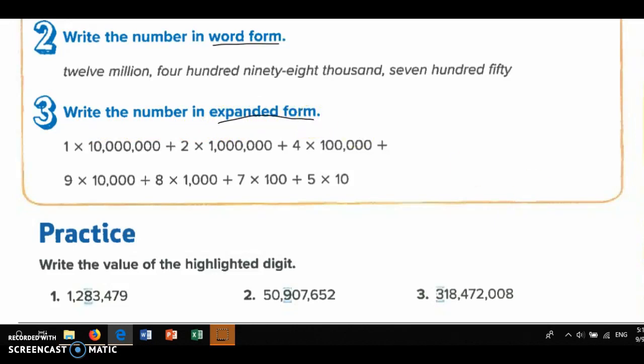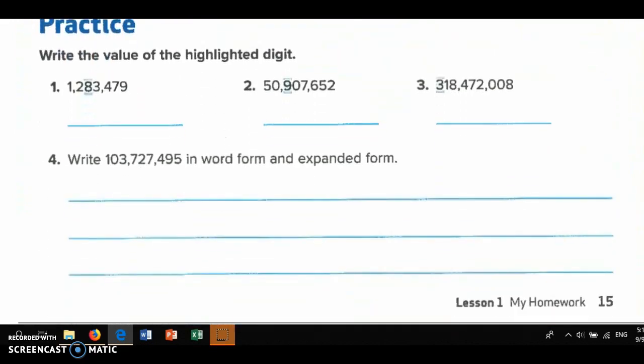Now it is your turn to try. First, what is the value of the highlighted digit? So I have a look at the 8. This is ones, tens, hundreds, thousands, 10,000. So the value is 80,000.